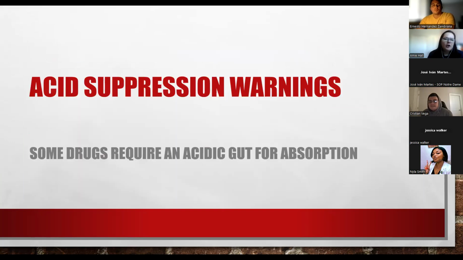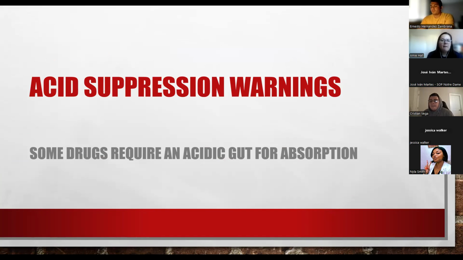So we talked about this a little bit in self-care, but going to focus a little bit more on this. Warnings for acid suppression medications. So some of our drugs require an acidic environment for absorption. So if we are decreasing the acid in the stomach, increasing the pH of the stomach, we don't have that acidic environment for those drugs to be absorbed.